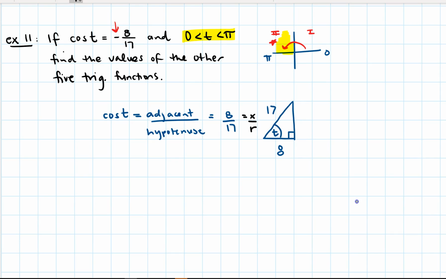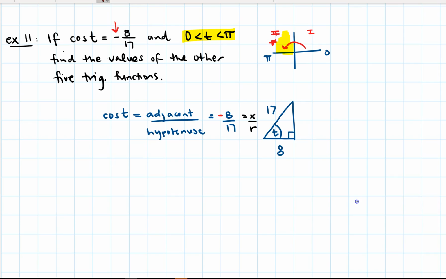X and y have directions sometimes, whether you're going negative or positive, but the radius is always positive. So we can assume that that negative sign has to go with the 8. We'll get back to that in a second, but as long as you know where your angle t is located, you can always go back and figure out where the sign should be on the certain trig functions.